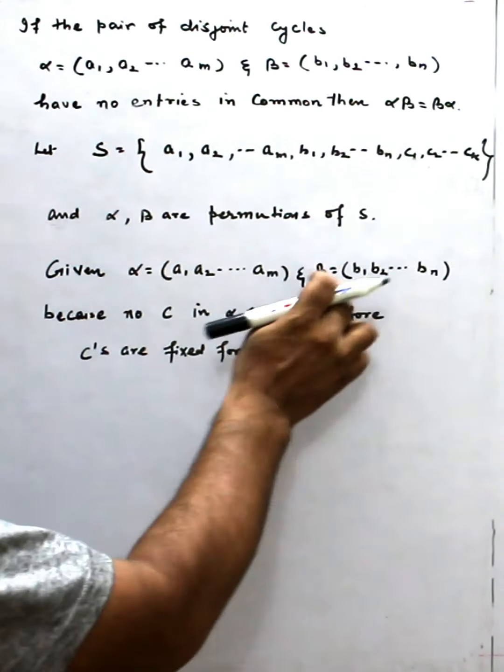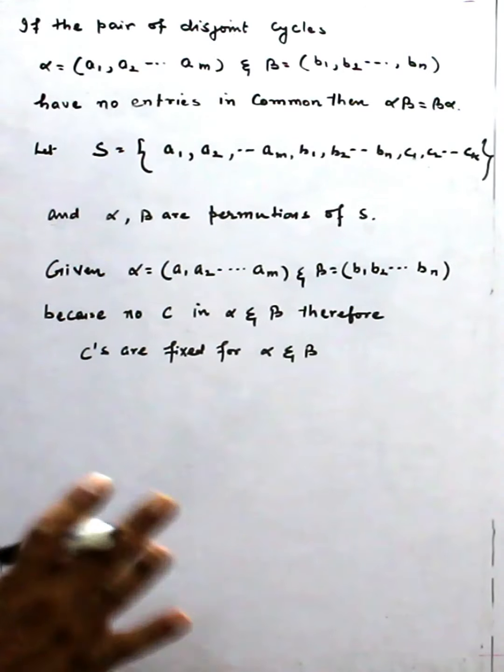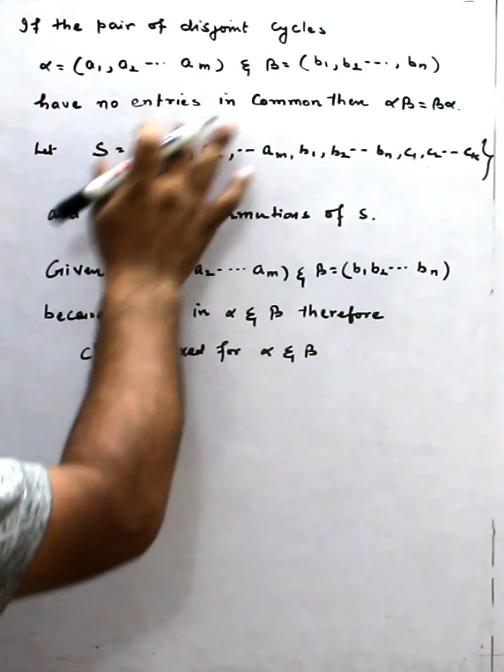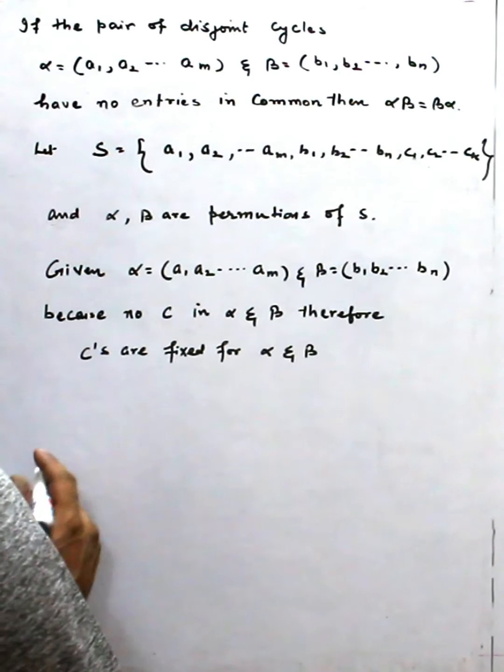Because C is not there, it will not be changed by either alpha or beta, right?